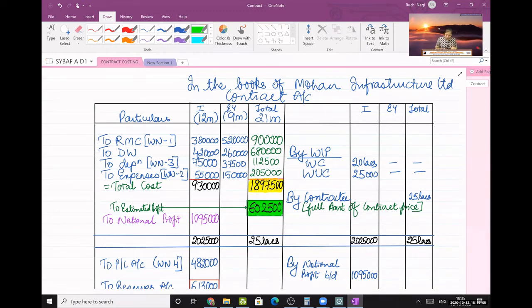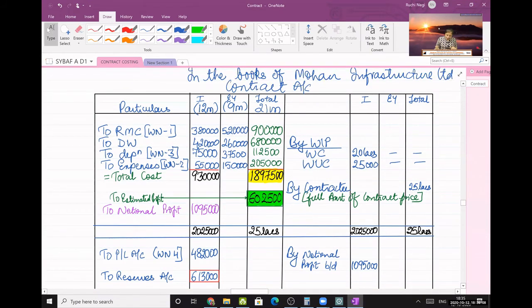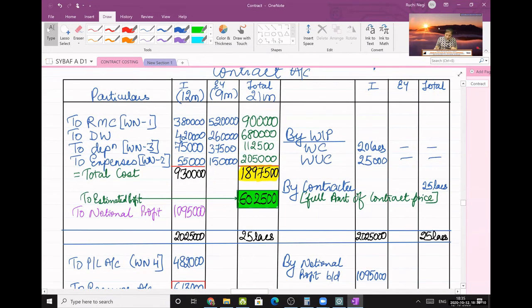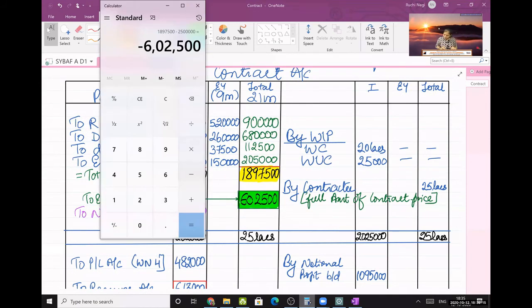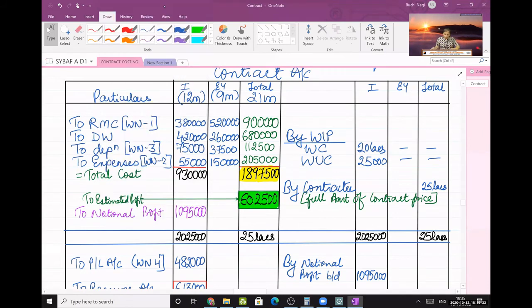Okay. Now close your first year. On the credit side, you have 20 lakhs plus 25,000, so 20 lakh 25,000 on the credit side. Now total the debit side.